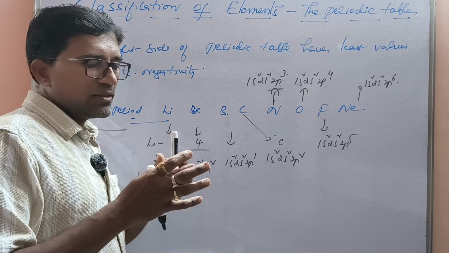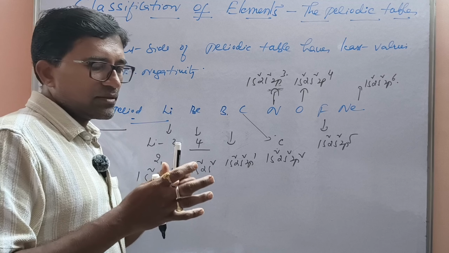More attractive force, more electronegativity, less atomic radius. As atomic radius decreases, electronegativity will increase because of more attractive force towards the nucleus. The atom will try to take the electron more easily because the size is less.